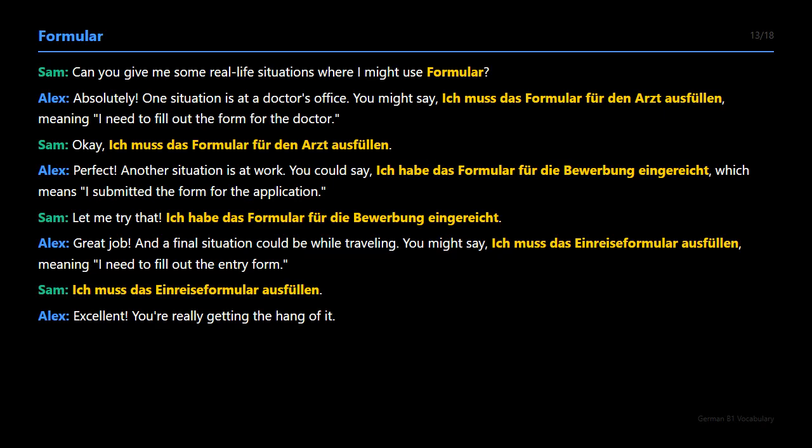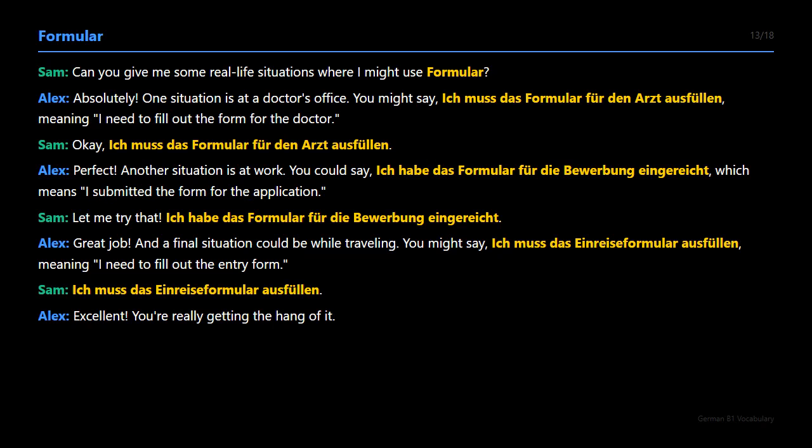Ich muss das Formular für den Arzt ausfüllen. Perfect. Another situation is at work. You could say, Ich habe das Formular für die Bewerbung eingereicht, which means I submitted the form for the application. Let me try that. Ich habe das Formular für die Bewerbung eingereicht.